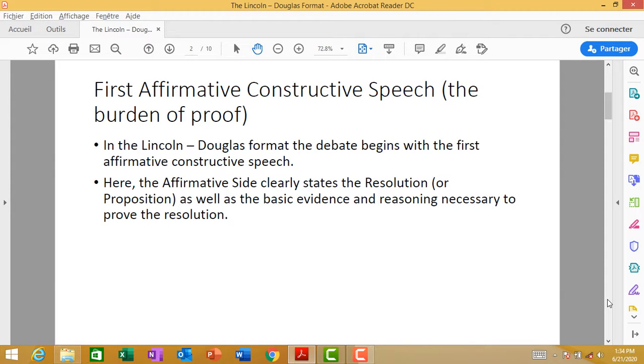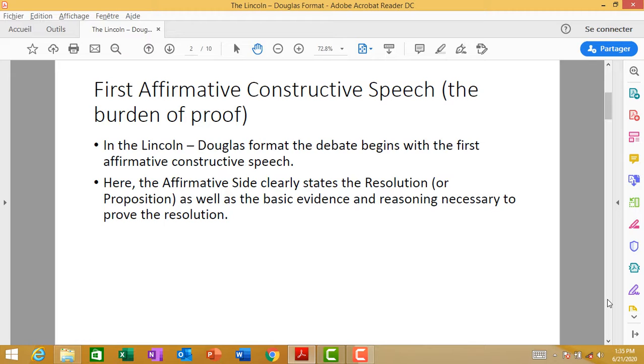Let's get into it. We already talked about what an affirmative constructive is, and you already know the term negative constructive, so let's save some time and go faster. First, the affirmative constructive speech. We call this the burden of proof.